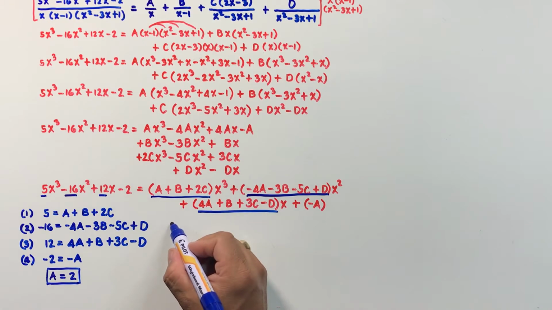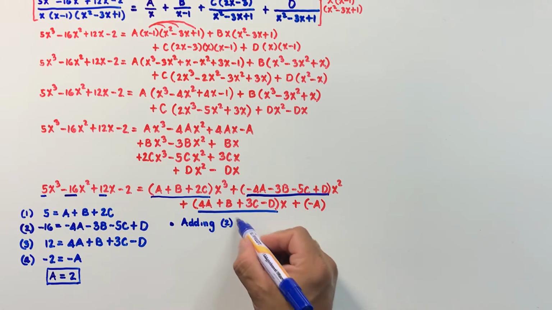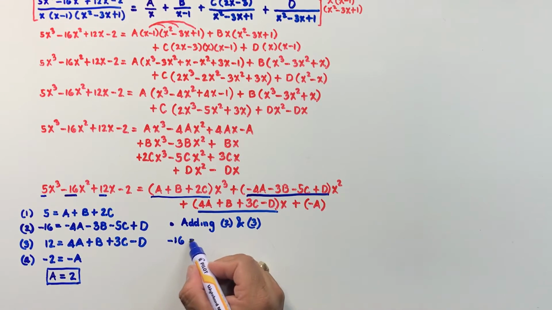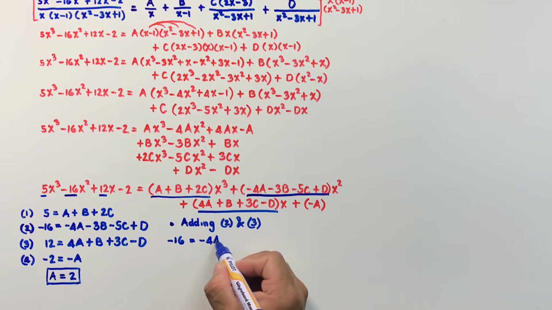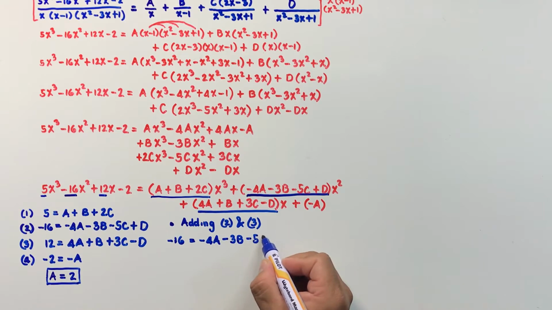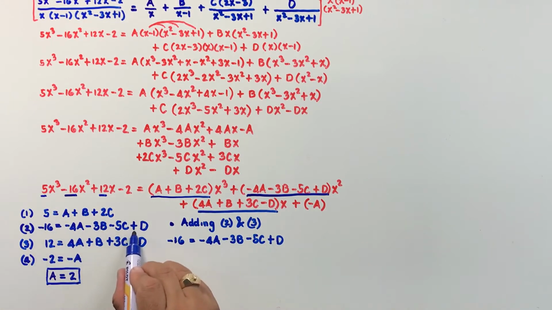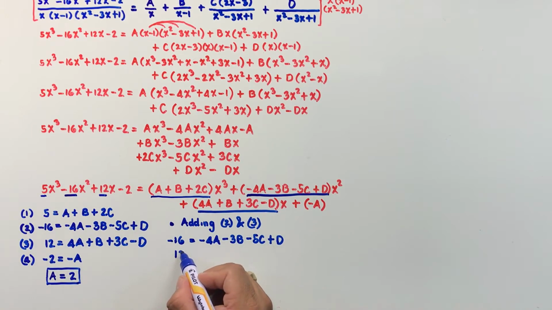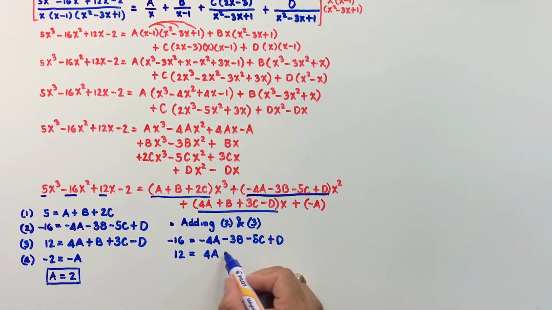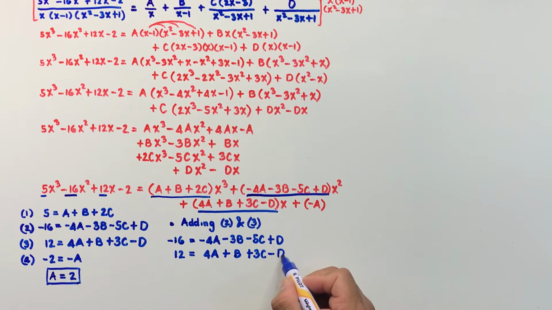And then we can add equations 2 and 3. We have negative 16, which is equal to negative 4a minus 3b minus 5c plus d from our equation 2. And this will be added to equation 3, which is 12, which is equal to 4a plus b plus 3c minus d.